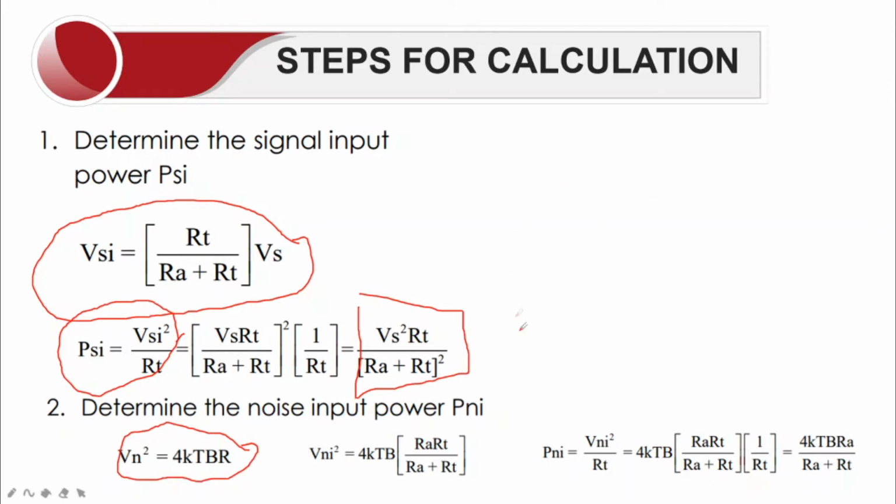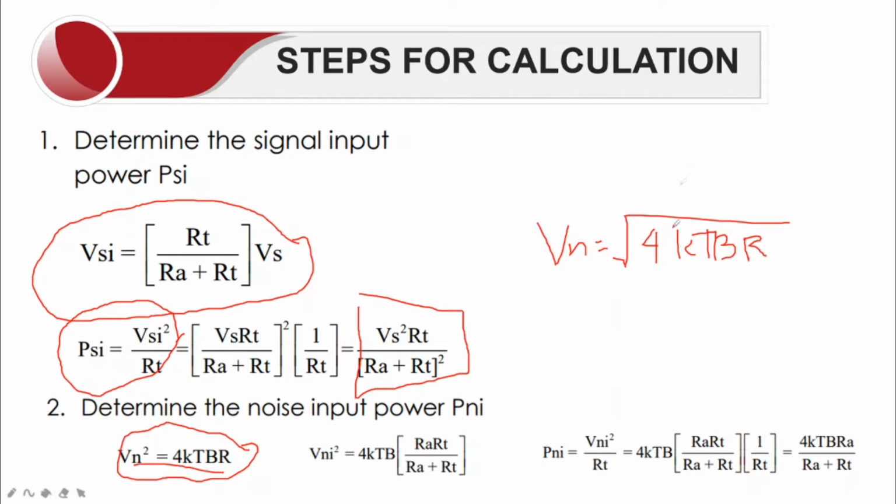Kung matatandaan natin, Vn or the noise voltage is equal to the square root of 4kTBR. So, kung isi-square natin sila, both sides, magiging Vn squared. Vn squared is equal to 4kTBR.